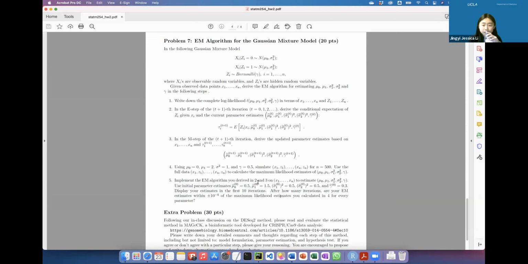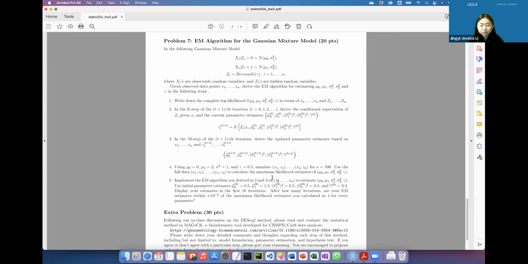The issue is that me and some other students didn't get the result that the EM parameters converge to the MLE ones. There is never a number of iterations after which the difference is less than 10 to the minus 4. I wanted to ask if this is normal, or if we missed something.